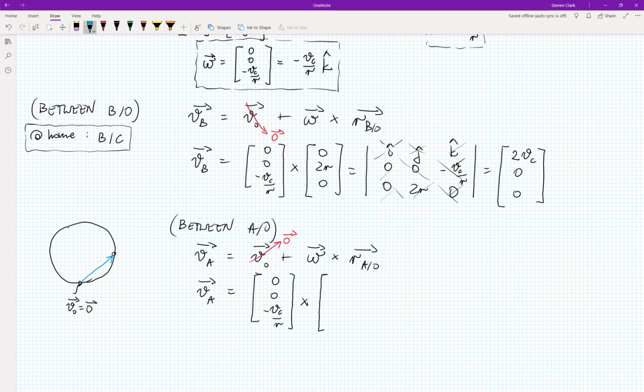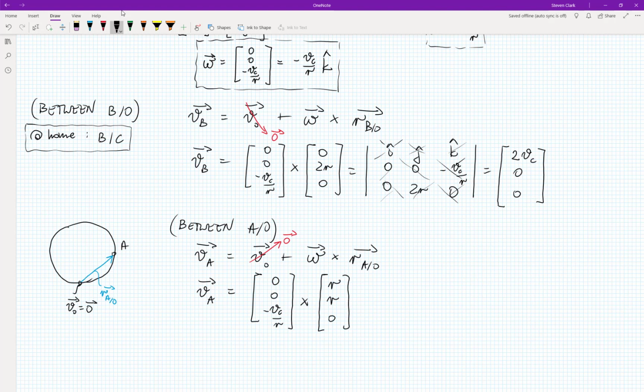This one is RAO. And this is point A. So maybe one of you would like to join the discussion. Do you want to tell me what are the coordinates of this vector, of that blue vector? Anybody? James. R, 0. Perfect. Exactly.